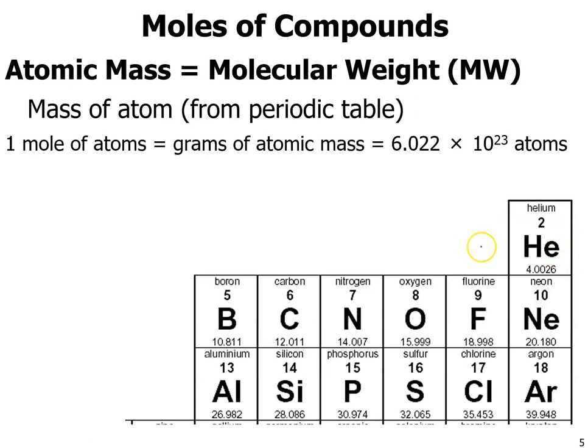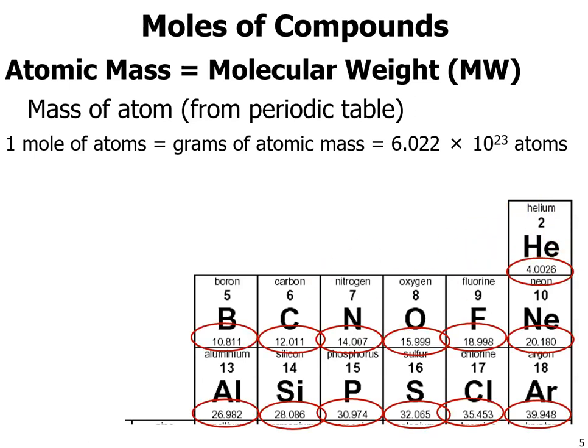For these elements that I'm showing you here, if I want a mole of any of these, I have to measure out approximately 4 grams of helium to have a mole of helium. I need 10.8 grams of boron for a mole of boron, 12.011 grams of carbon, right?